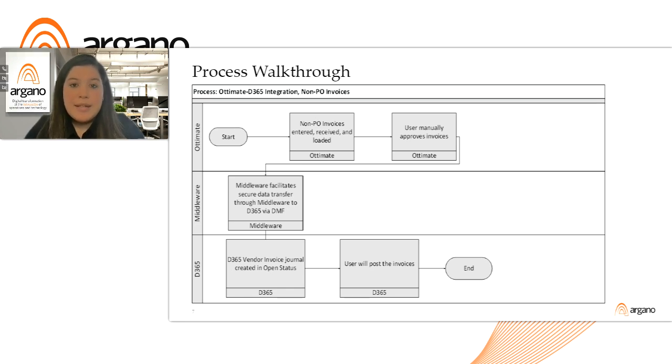Once that's completed, it will land in D365 under the vendor invoice journal form, and the journal invoice will be in open status. From there, the user can go ahead and post the invoice or elect to set up a posting batch job. And that is the end of our process for non-PO invoices.